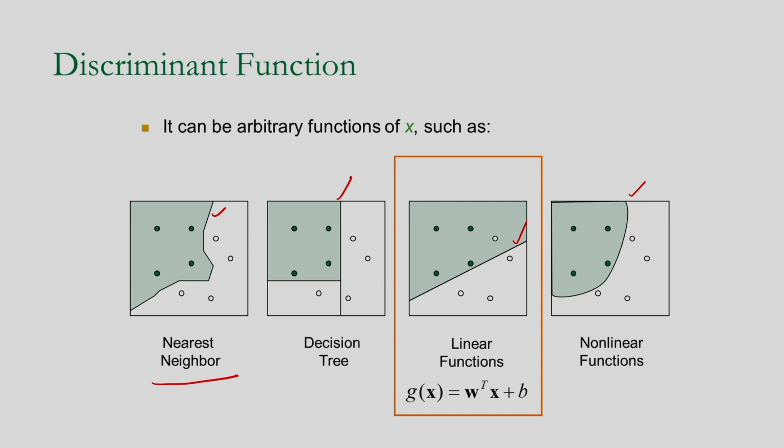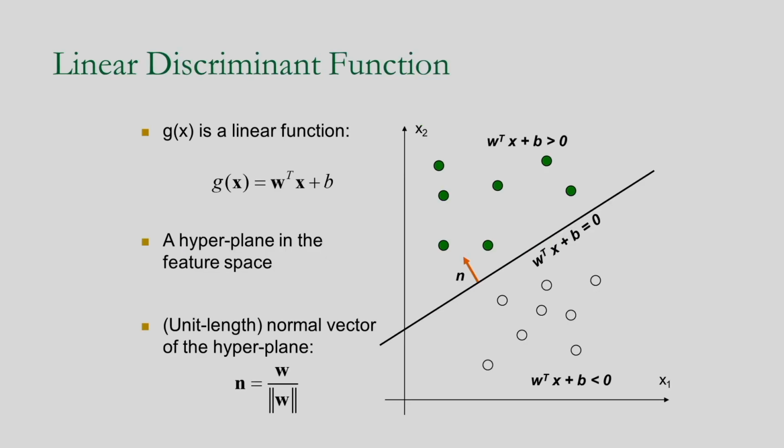I am now considering the discriminant function. The discriminant function is G(x) equal to W transpose x plus b. So now G(x) is a linear function, that is the linear discriminant function I am considering. I am considering a hyperplane, that is the decision boundary between two classes.